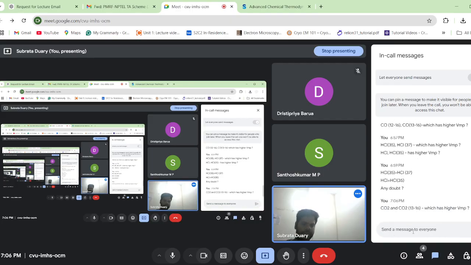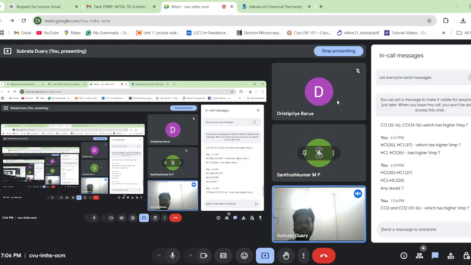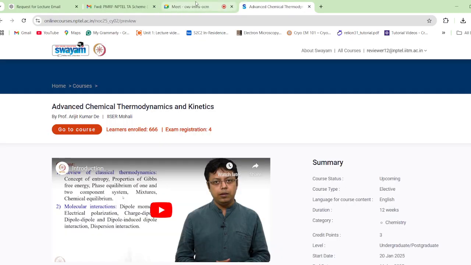Both are CO2, but one CO2 is 12 and 16, another is 13 and 16. Which has higher VMP, most probable velocity? With increasing molecular mass, the velocity will decrease, right? Can anybody comment on this?